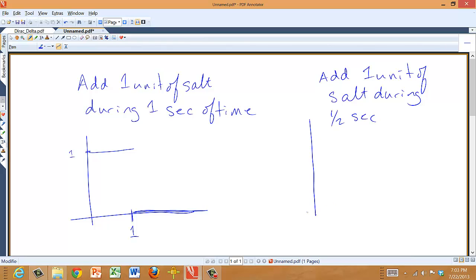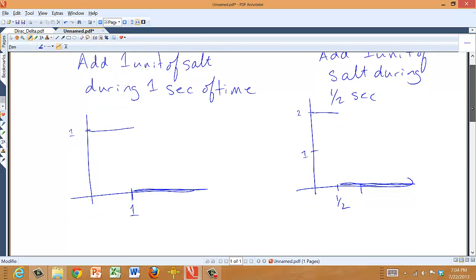Then the inflow rate would look like this. Here's 1, here's 1/2, here's an inflow rate of 1 unit per second, here's an inflow rate of 2 units per second. So if I add 1 unit of salt during the first half second, my inflow rate will look like this, right? It'll be 2 during the first half second, and it'll be 0 thereafter.